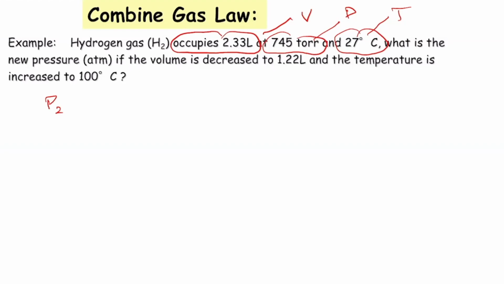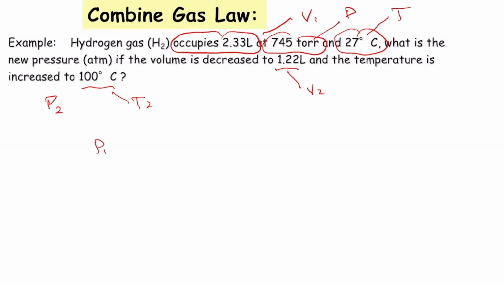What I showed you for condition 2, that's called the combined gas law. If the volume is decreased, now the volume is changed. This is V2, this is V1, and the temperature is, this is T2. That was T1. So the first thing that you need to do in these is set it up.